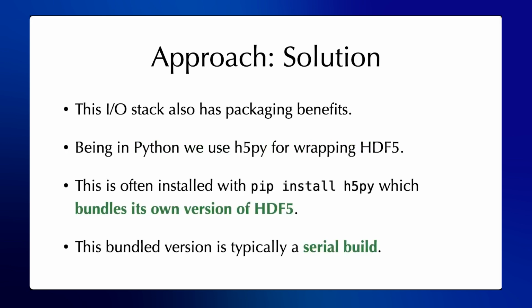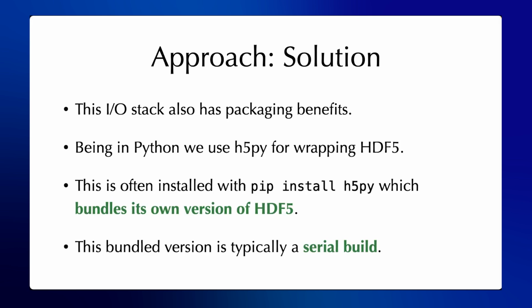Finally, this approach has packaging benefits. We're in Python. We interface with HDF5 through a library called h5py. And 95% of my users acquire h5py by doing pip install h5py. That, however, gets them their own version of the HDF5 library.